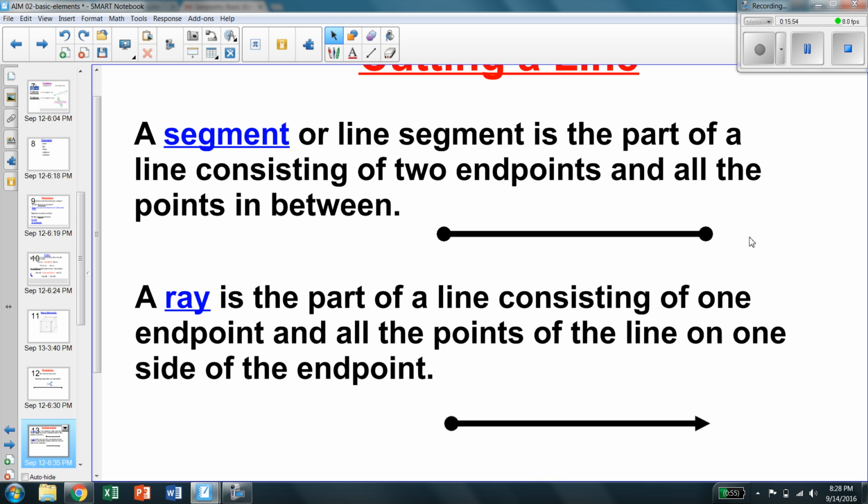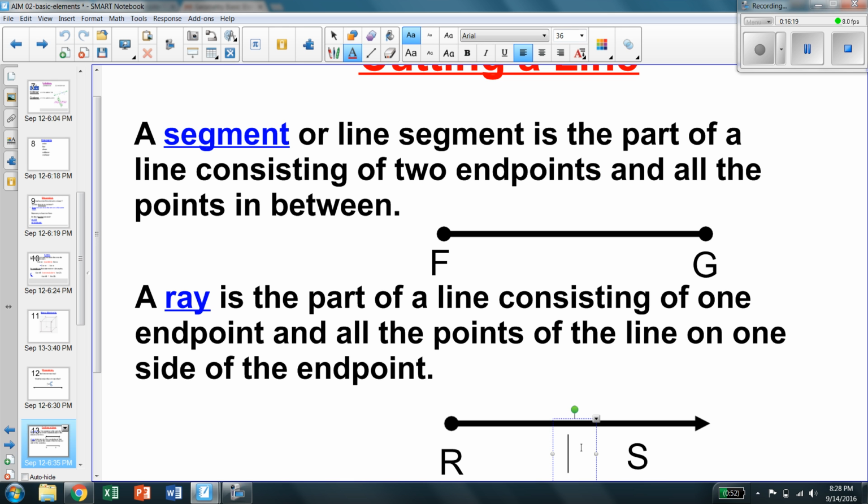I got an endpoint here, like a piece of ribbon, and another one over here. And when we label a segment, we use two letters, whatever the endpoints happen to be. Let's call this F, and this one G. And we're going to call this one segment FG. Same deal with a ray. Looking for two letters, I'm just picking two random letters, RS.